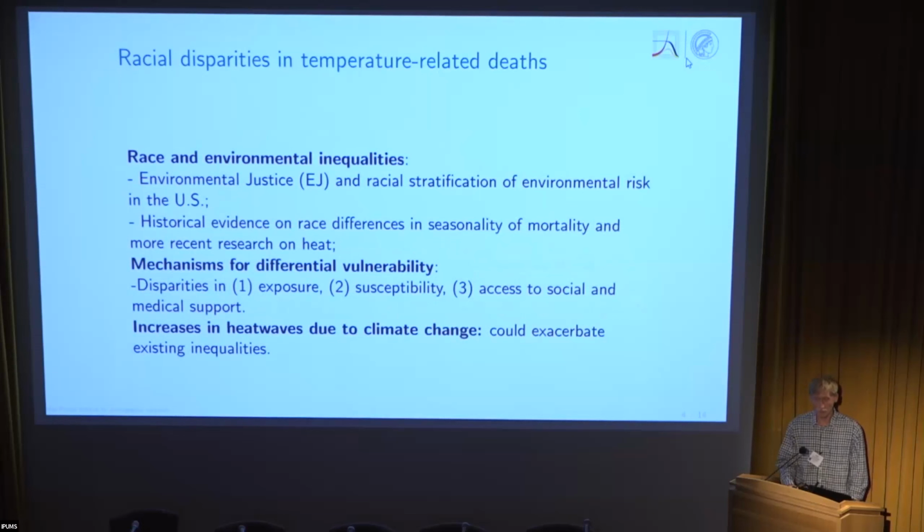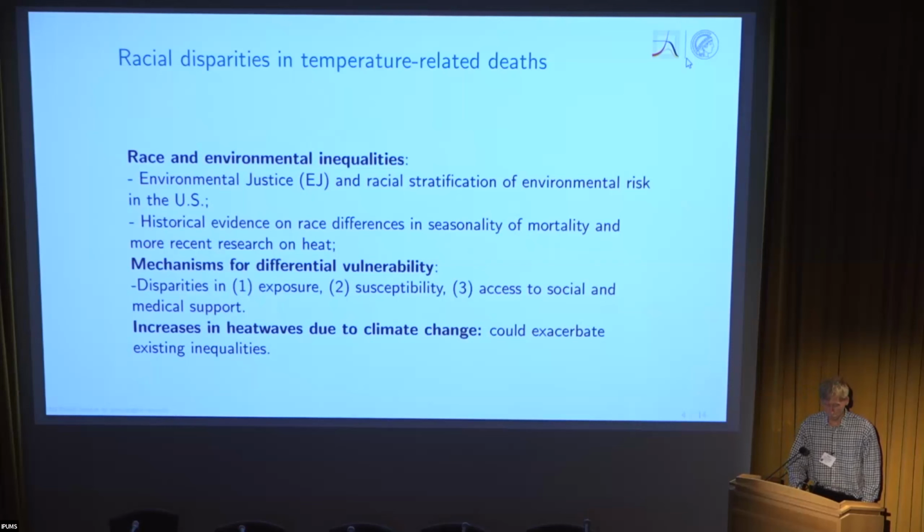And in this paper, we look at racial disparities in temperature-related deaths. We do so drawing on a literature related to environmental justice that has mostly focused on exposure to air pollution, but that is also incorporating other types of environmental exposures and risks.